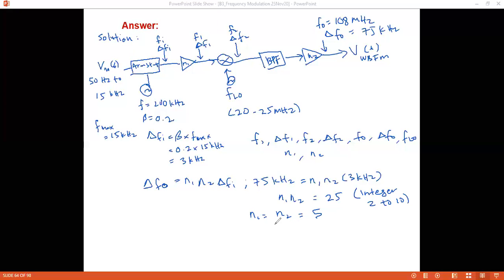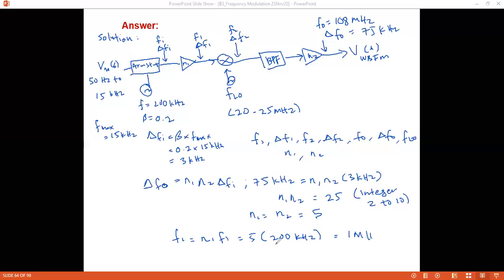So we know N1 is equal to 5, then we can find our F1. F1 is equal to N1 times Fi, which is equal to 5 times 200 kilohertz. This one is 1 megahertz.